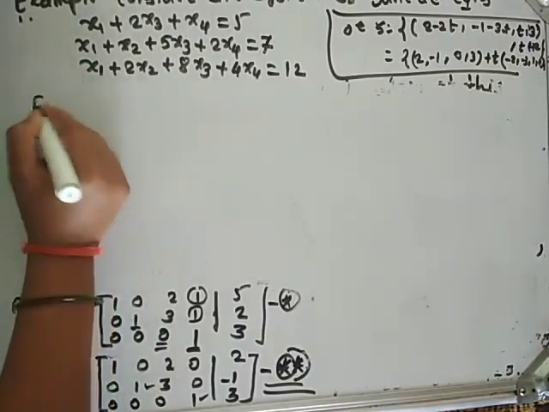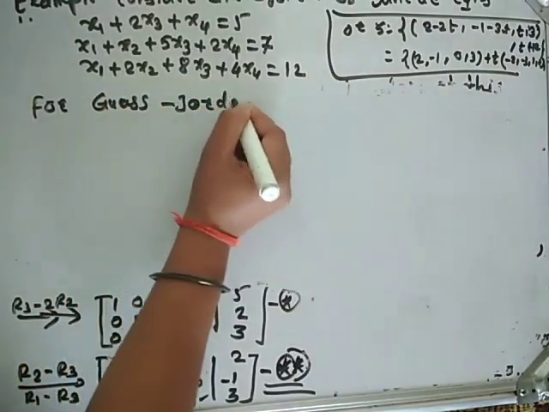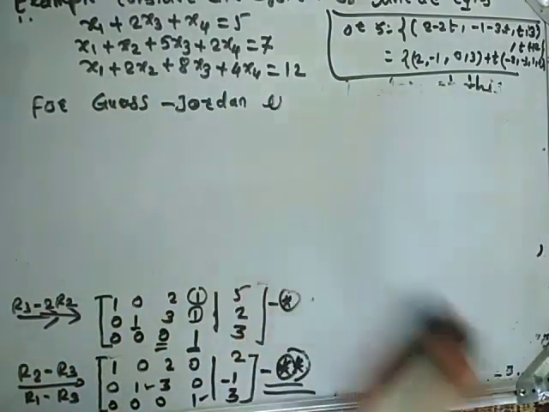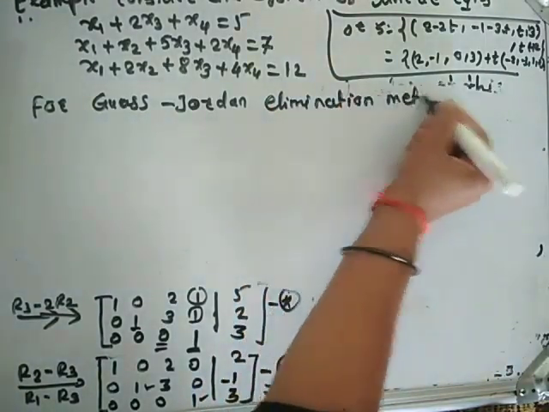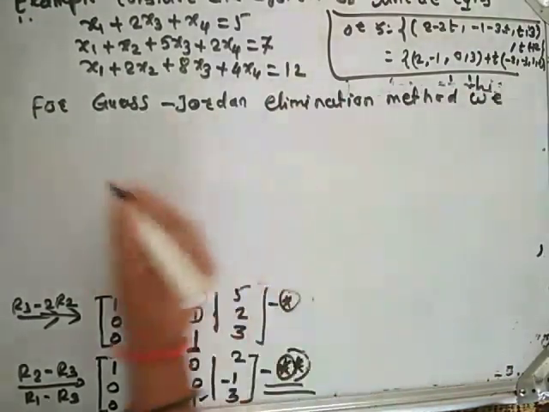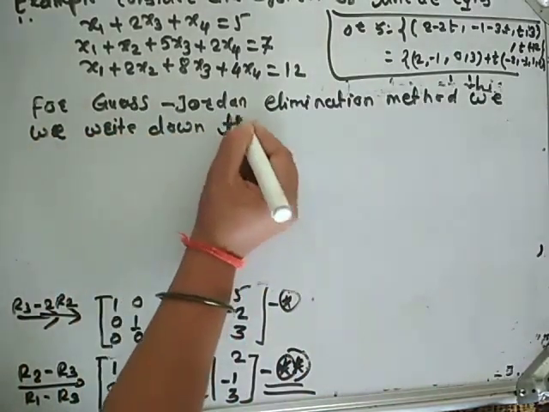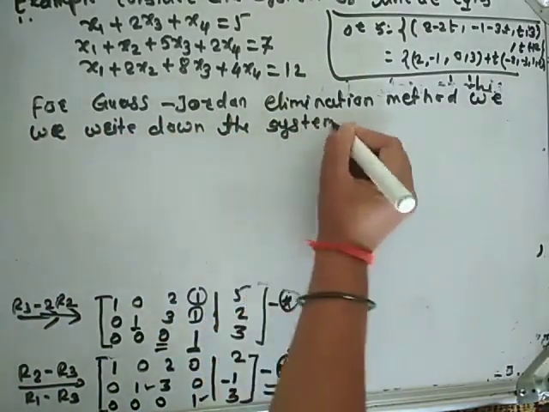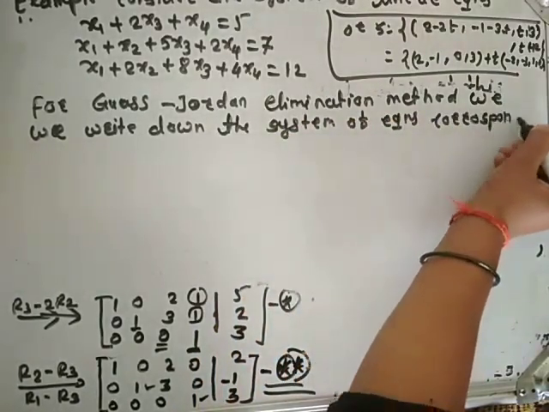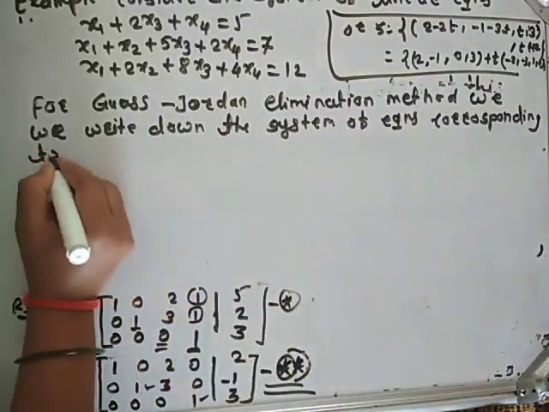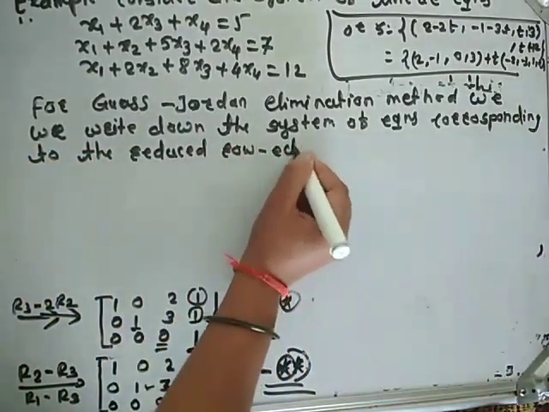For the Gauss-Jordan elimination method, we write down the system of equations corresponding to the reduced row echelon form.